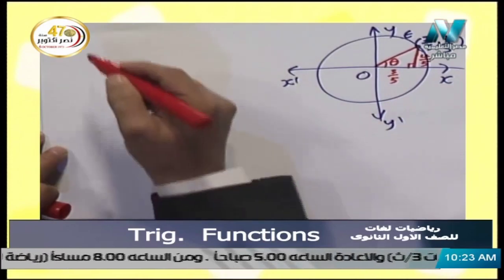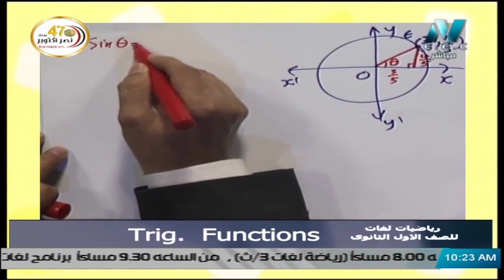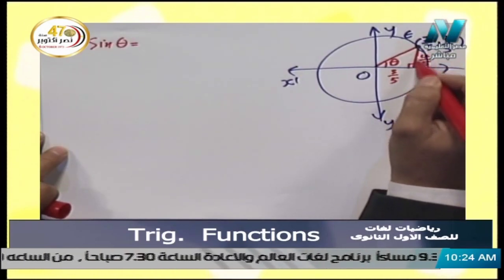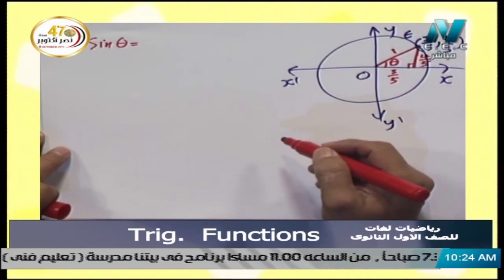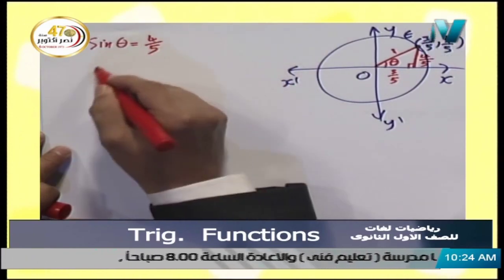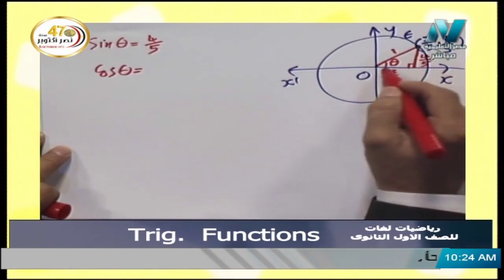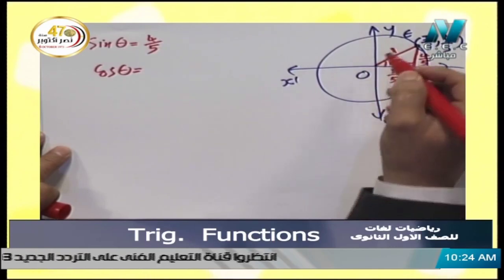So sine theta equals opposite over hypotenuse, which is 1. Okay, so it's 4 over 5. Cosine theta is the adjacent over hypotenuse, which is 3 over 5 over 1.